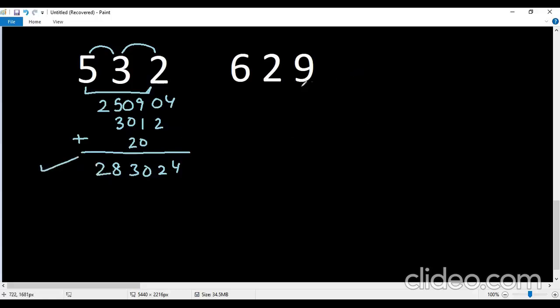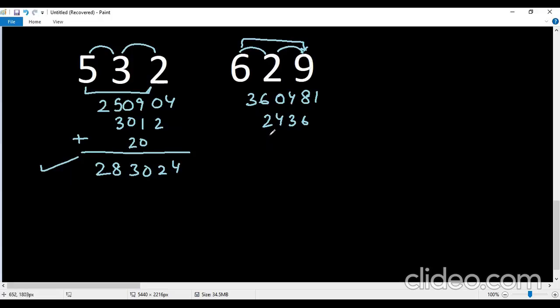9 times 9 is 81. 2 times 2 is 04. 6 times 6 is 36. Now again, same practice. 6 times 2 is 12. 12 plus 12 is 24. So I will write 24 like this. 2 times 9 is 18. 18 plus 18 is 36. So I will write 36 like this. 6 times 9 is 54. 54 double is 108.